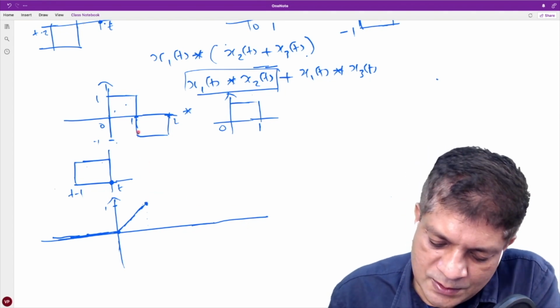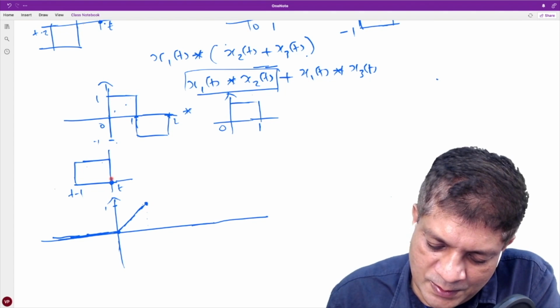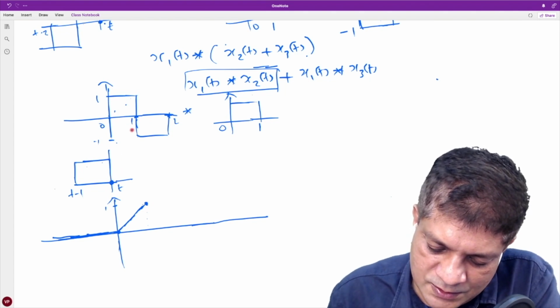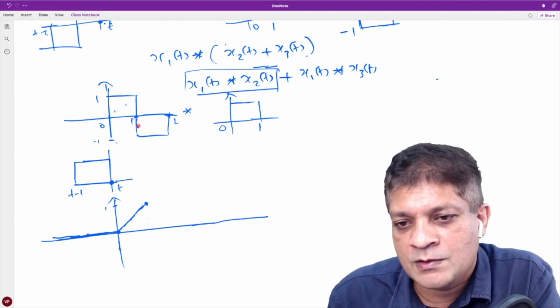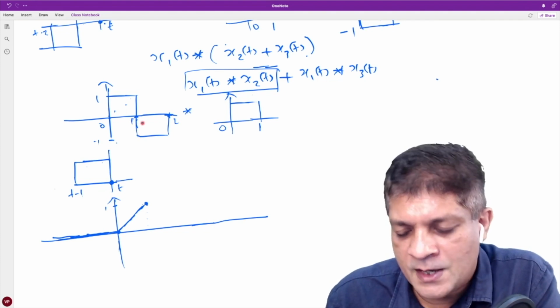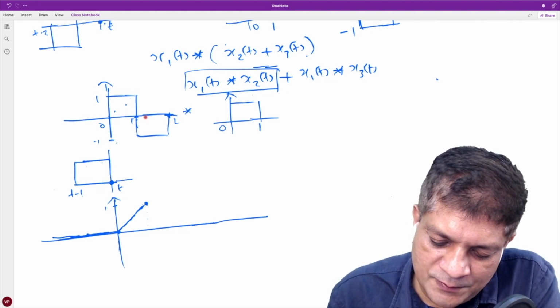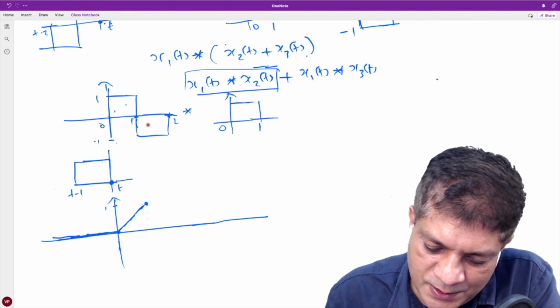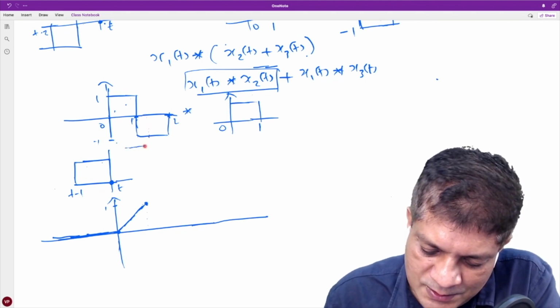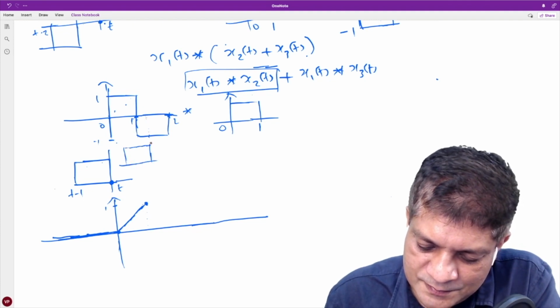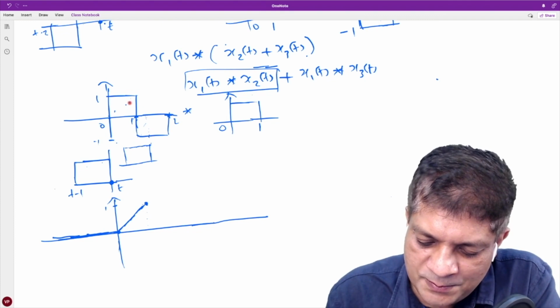Now what happens if we keep on moving this towards the right? Will the area increase or decrease? For example, if you consider t at some point here, it is something like this. Some part is negative and some part is positive.